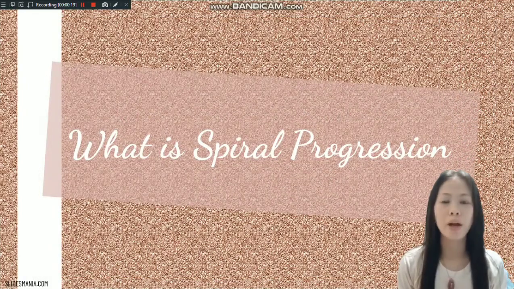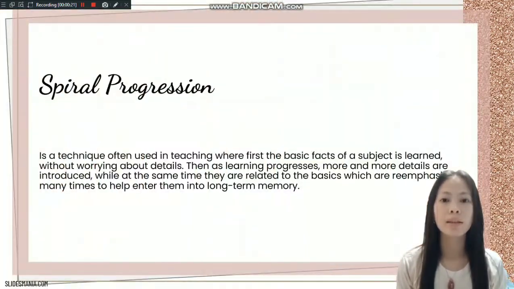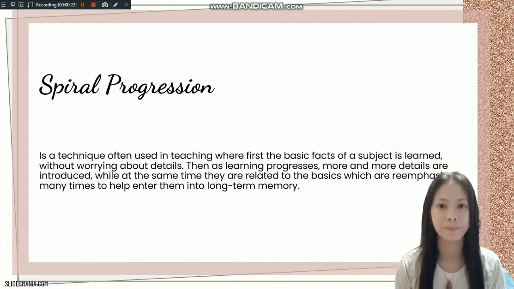What is spiral progression? Spiral progression is a technique often used in teaching where first the basic facts of a subject are learned, without worrying about details. Then as learning progresses, more and more details are introduced, while at the same time they are related to the basics, which are re-emphasized many times to help enter them into long-term memory.